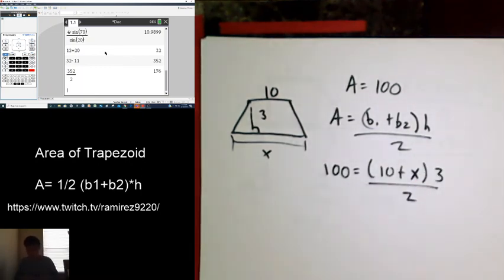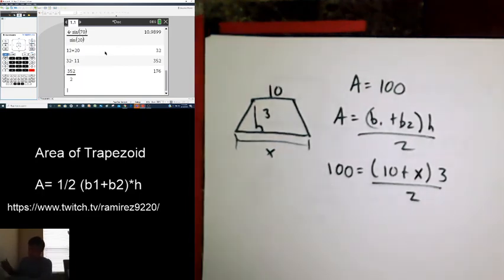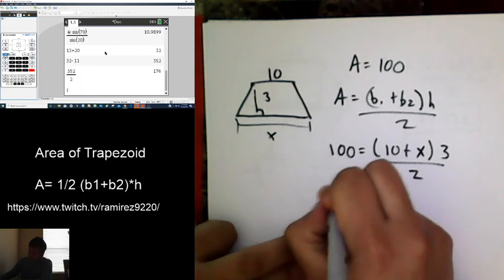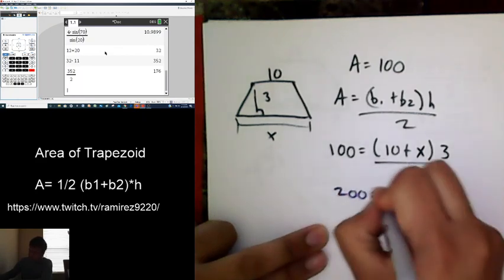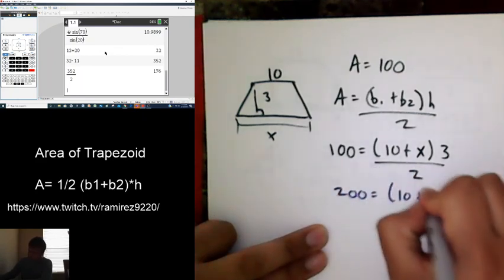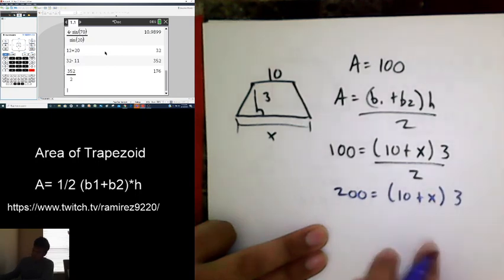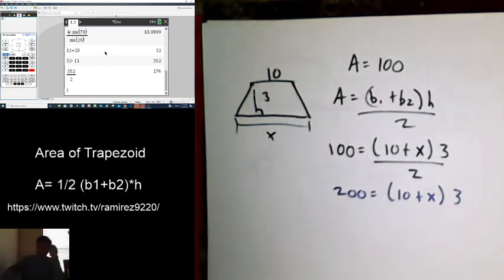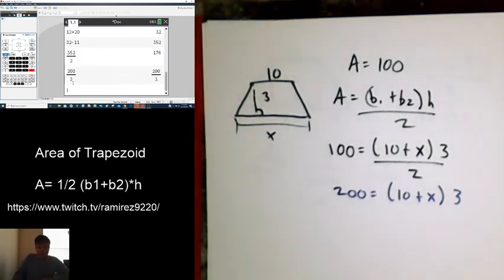Again, at that point it's just algebra, guys. So I would multiply both sides by 2. So that makes this 200 is equal to 10 plus x. I would just divide everything by 3 since that's what the 3 is doing. And I would go ahead and convert that to decimal.